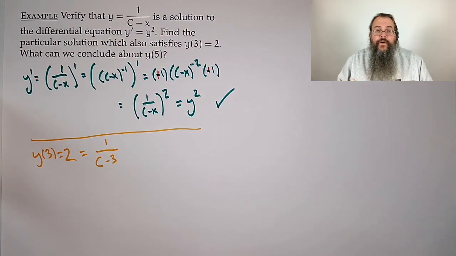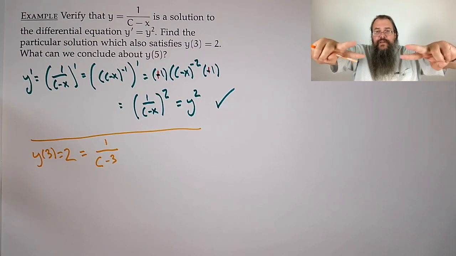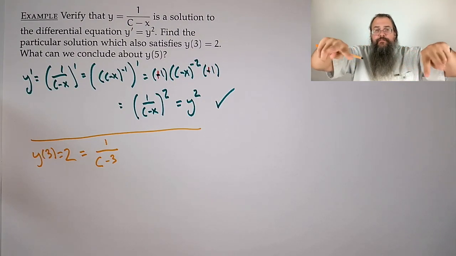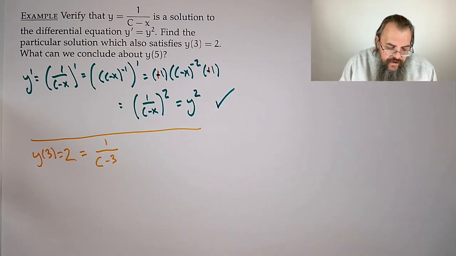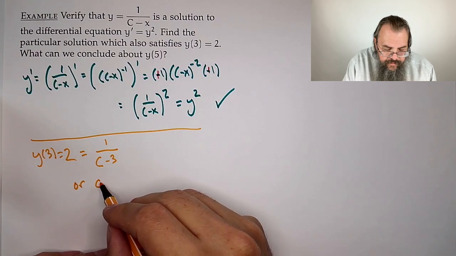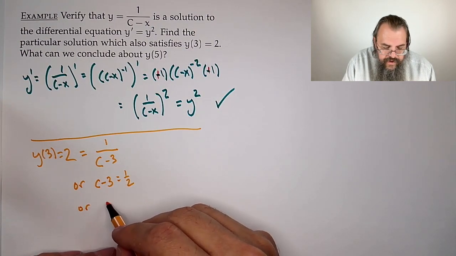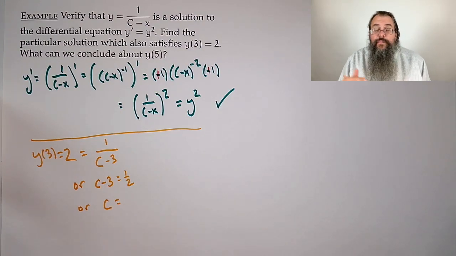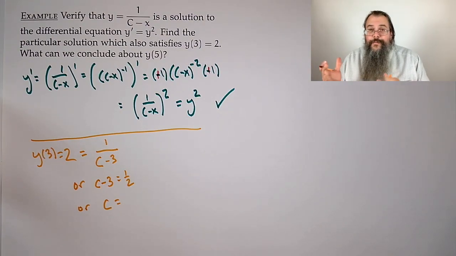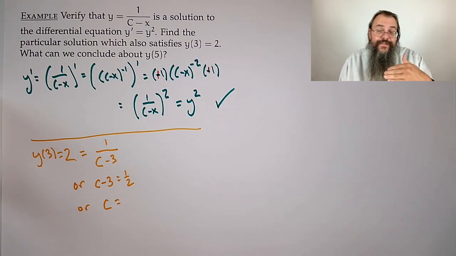Okay, well, right now c is in the denominator, so let's just flip things over, and we'll do it on both sides. So we can say, okay, great. Another way to write this is that c minus 3 is a half, or we could say c equals 3 plus a half, which of course, in elementary school we would say 3.5, but then we write that as 7 halves.